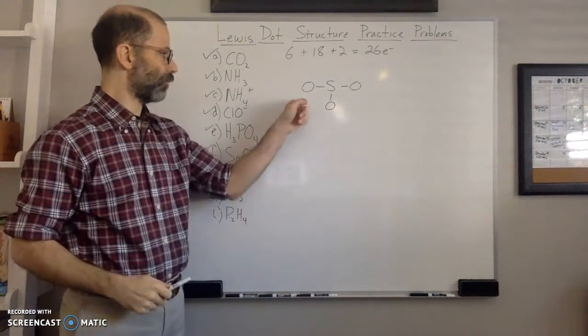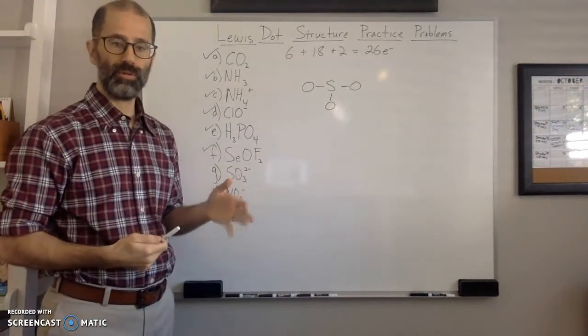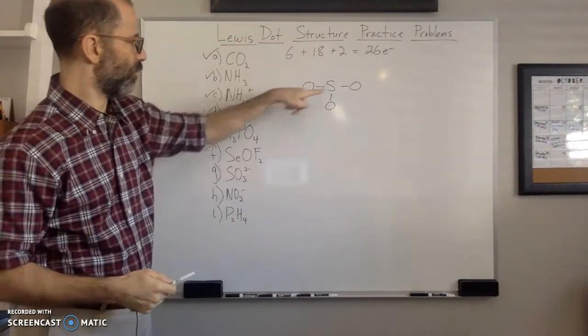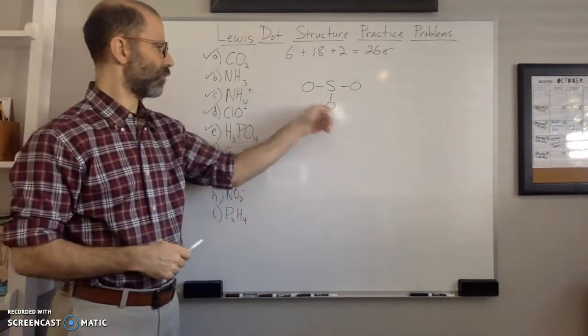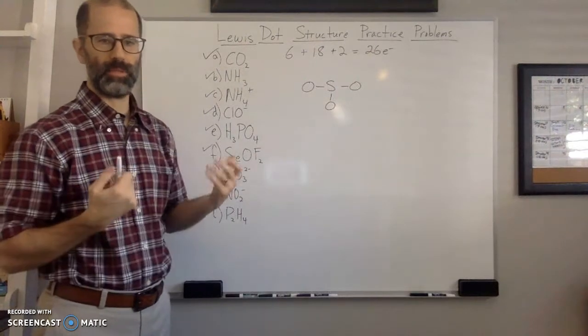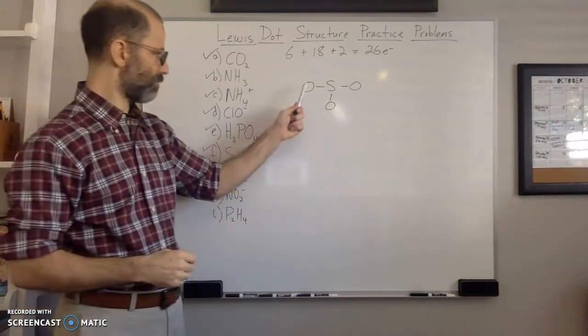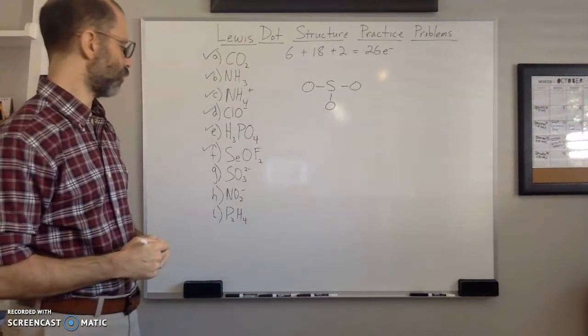Now, how you bond these together on your central atom is up to you. I could have put an oxygen up here and here and have nothing there. How these are arranged around the central atom is up to you. There's no right or wrong way, as long as you have the 3 oxygens bonded to your central atom, sulfur.